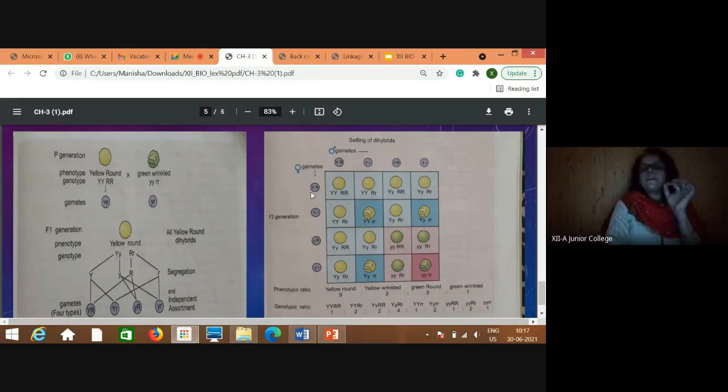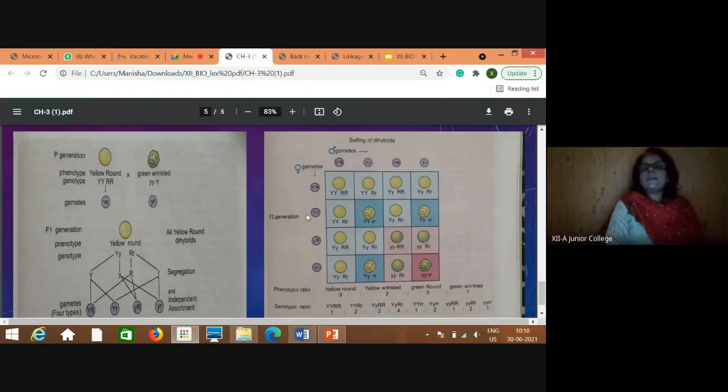Then, considering the same female gamete with gametic genotype capital Y capital R, and the second male gamete as capital Y small r, this is the result. Again, the first one with the third type of gamete, small y capital R, the resultant progeny is capital Y small y and both capital R. Then the fourth one, when crossed, the result is capital Y small y, capital R small r.